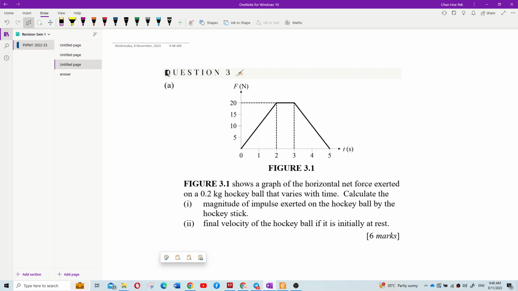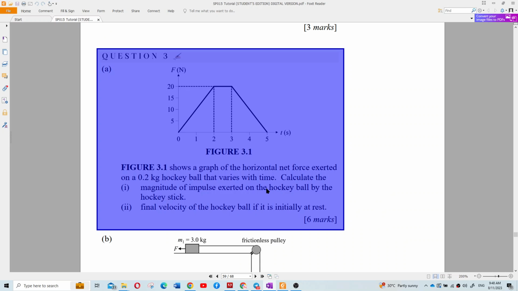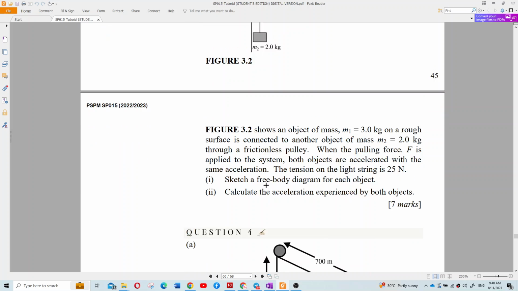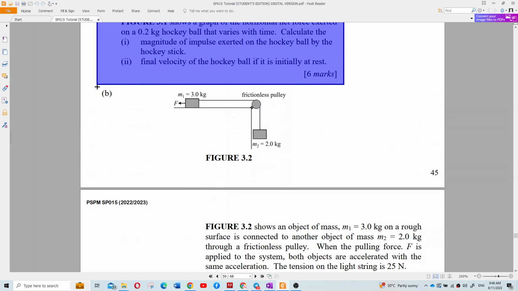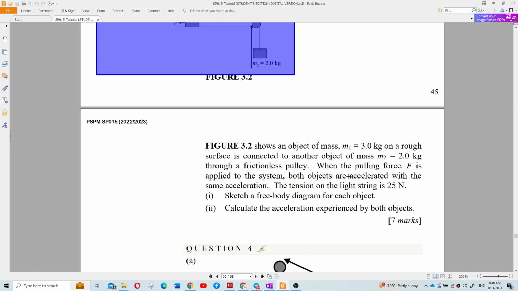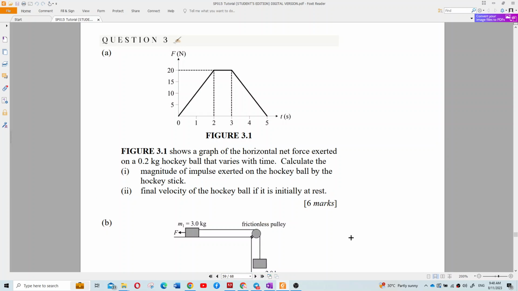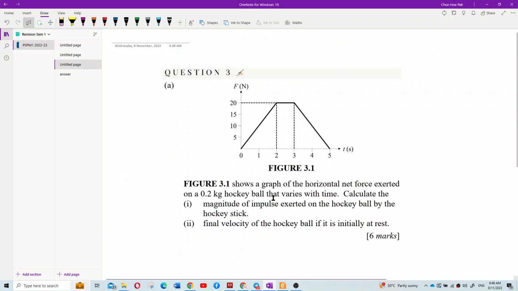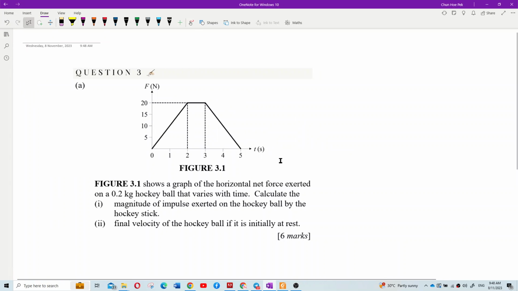Okay, so this one. I do it one by one lah. Part A and part B some more.